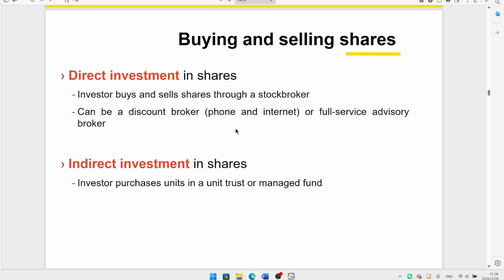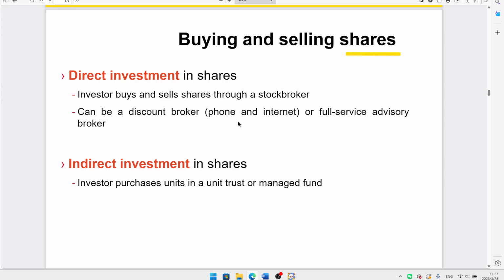And the next part we will discuss buying and selling: direct investment and indirect investment, which is different from direct financing and indirect financing.